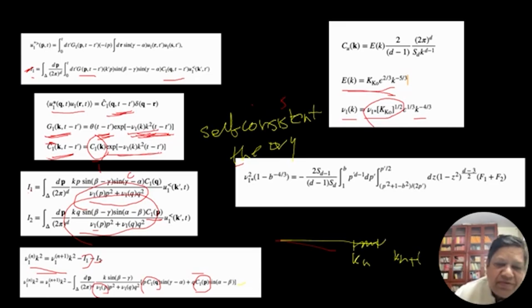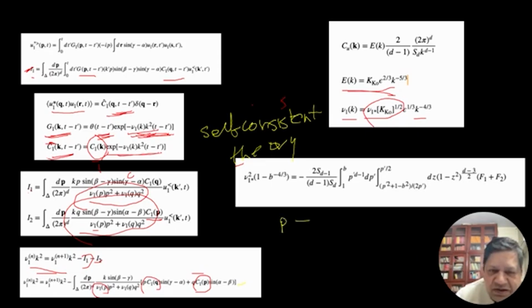To simplify the algebra, or to do things in a more concise and compact manner, we make a change of variable. We say that p is kn times p prime, and q is kn times q prime.